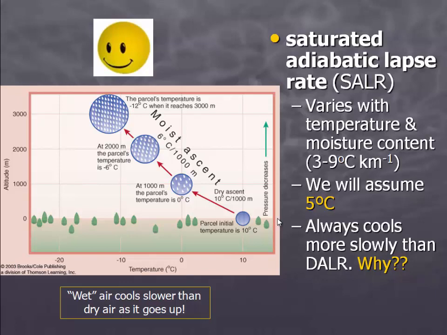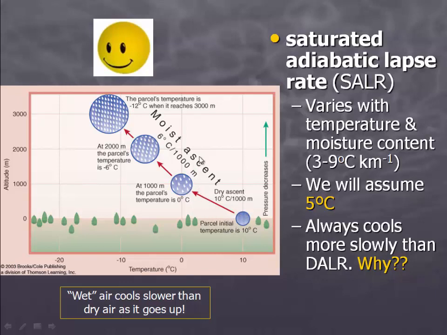The reason that air cools at a slower rate if it is saturated, so the reason the SALR is 5 versus the DALR, which is 10, is because of latent heat release inside of the parcel. As we change phase, down here we have water vapor in the air that is not in liquid form yet.